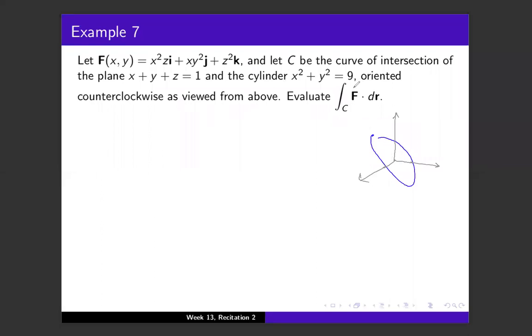Anyway, no, I've screwed the whole thing up. Okay, never mind. Point is, the important observation here is that this curve C is the boundary of a plane. Strictly speaking, a slanted disk.